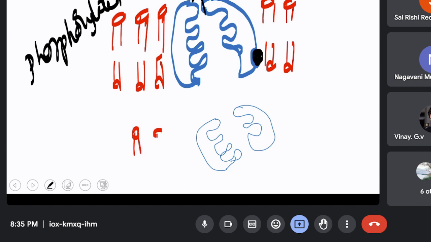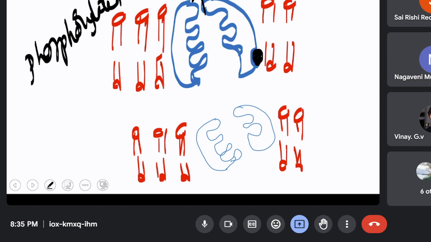So this is the plasma membrane. Now its shape is changed. What happened now? It opened on the other side. As soon as it opens, the three sodium ions that were previously bound here start moving to the extracellular fluid.